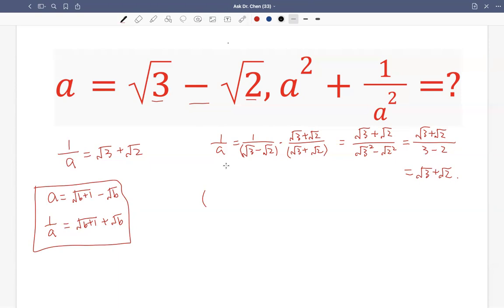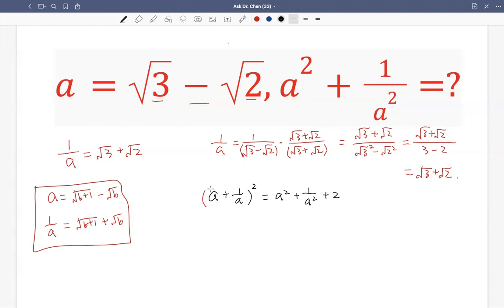The perfect square with multiplicative inverse, right? Because a and 1 over a are multiplicative inverses, which means if we multiply a with 1 over a, we get 1. So that makes them multiplicative inverses. If we square this, we get a squared plus 1 over a squared plus 2.